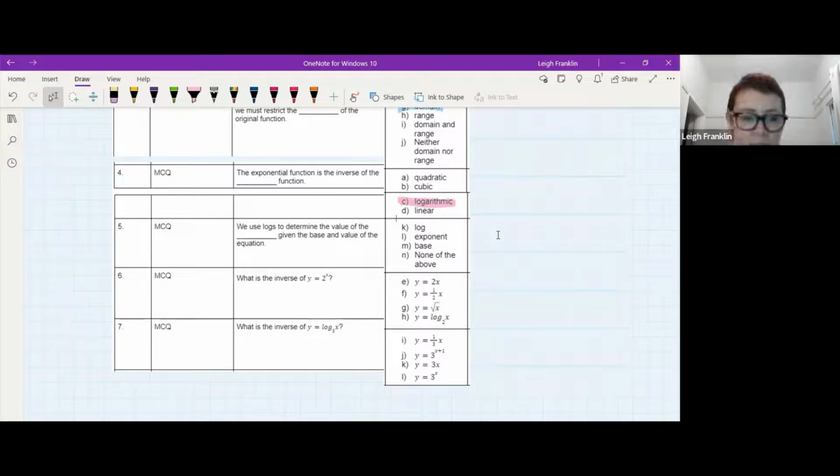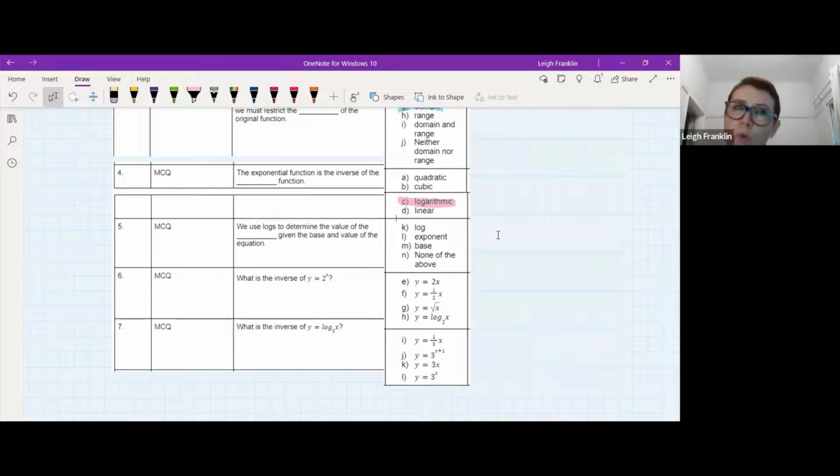Can you explain number 5? We use logs to determine the value of the, given the base and the value of the equation. What I was trying to do here was to get you to understand what you are using logs to solve for.